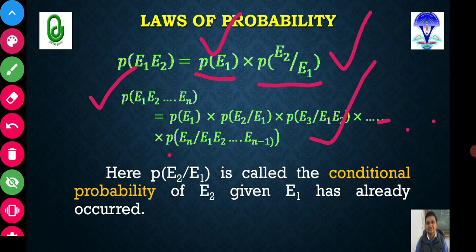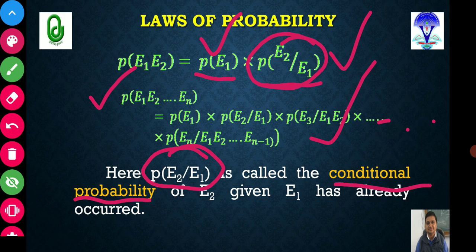Here P(E2 given E1) is known as conditional probability because event E1 has already occurred. Conditional probability itself is a very big chapter to discuss, but as an undergraduate student, you should know what conditional probability is, what the basic formula for it is, and have the basic concept.